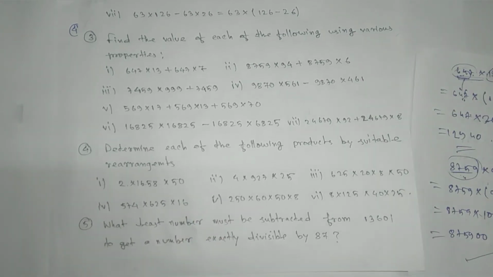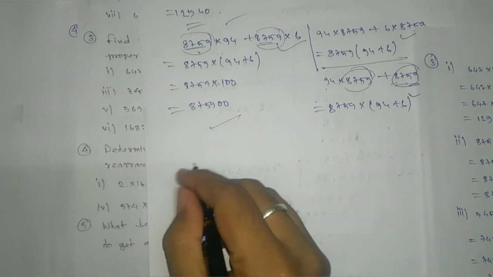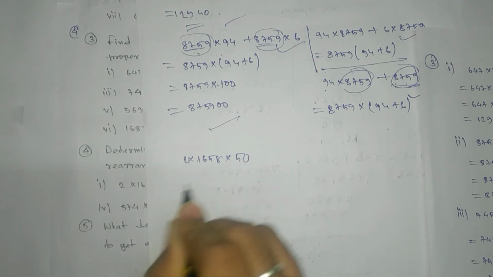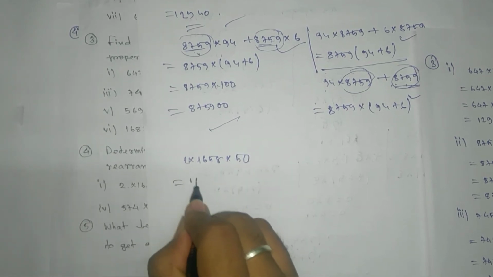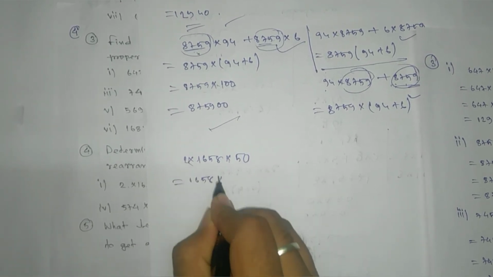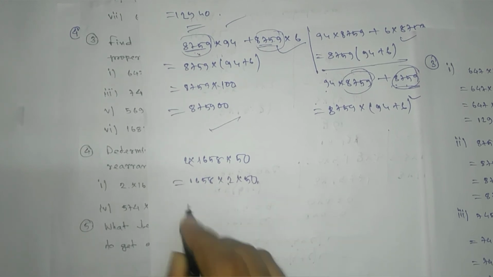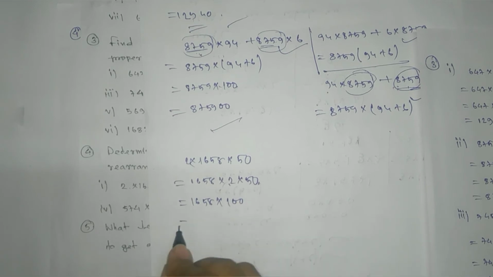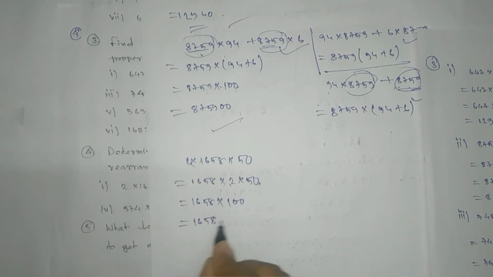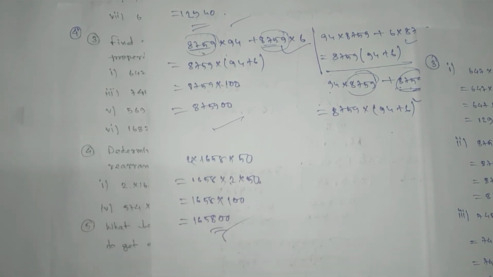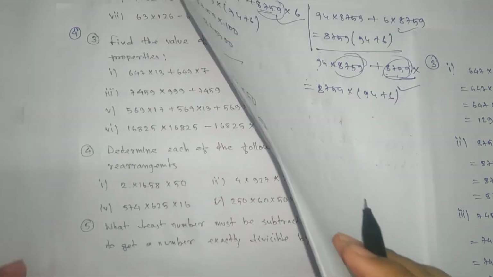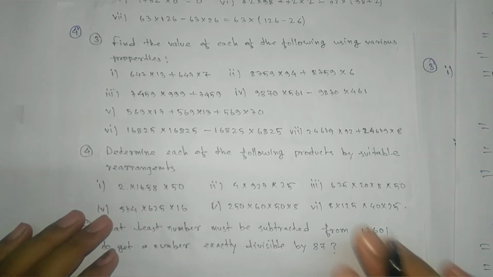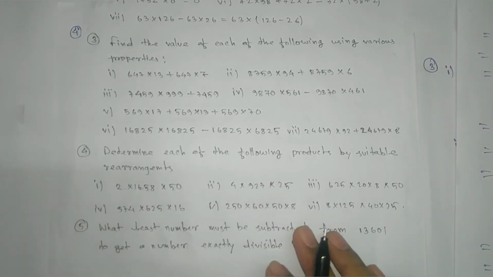So if I take 2 into 1658 into 50, now if I take 1658 and 2 this side, and we are getting here 2 into 50, that means 1658 into 100, and here we have 1658 and 00 at the end. This is your presentation. So here we have the problem. Okay, solve by yourself. I already have done it, I'll show you.